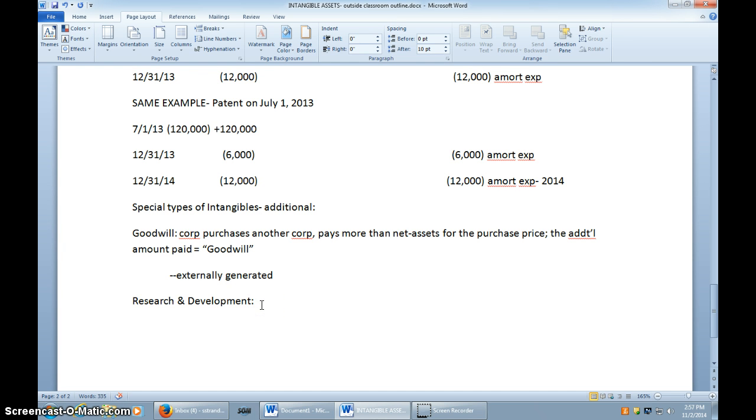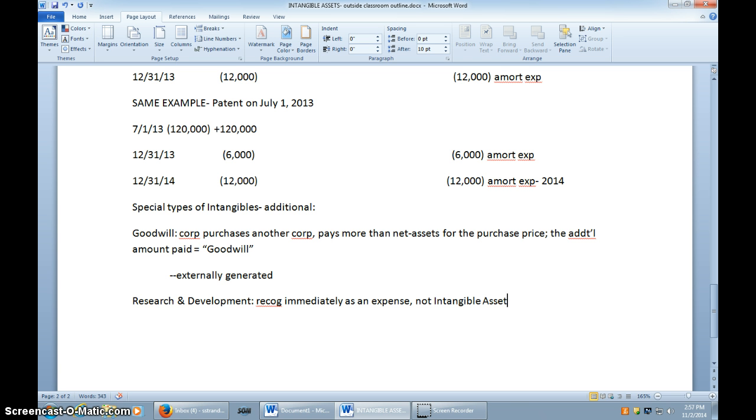And the other type of sort of intangible expense is research and development. You can think about that as companies that spend money to research and develop other products, or different ways to do things. That is recognized immediately as an expense, not an intangible asset.